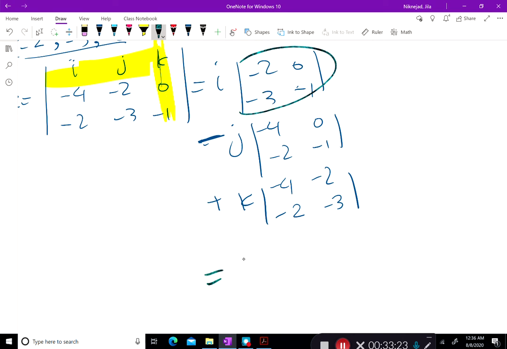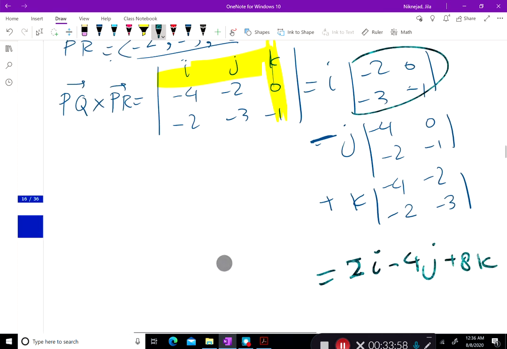So the entire thing is +2 times I. The second one is negative of -4 times -1 minus 0 times -2. So that is 4, so minus 4J. Then -4 times -3, which is 12, minus -2 times -2, which is 4, and that is 8K.